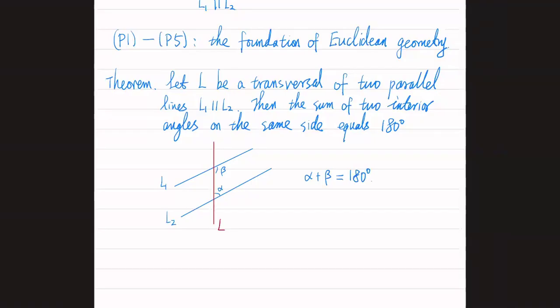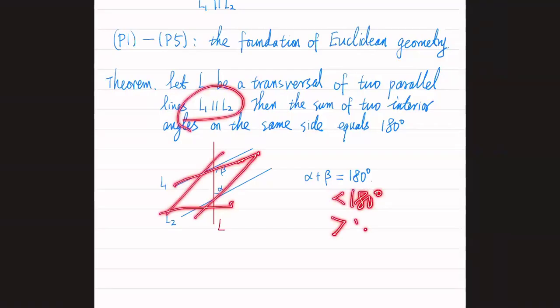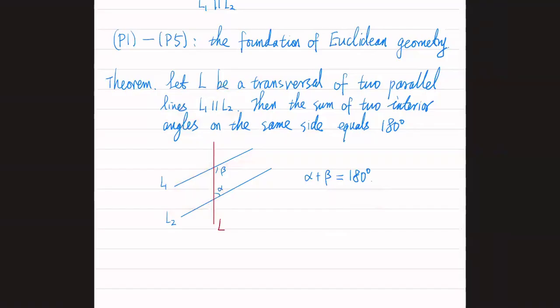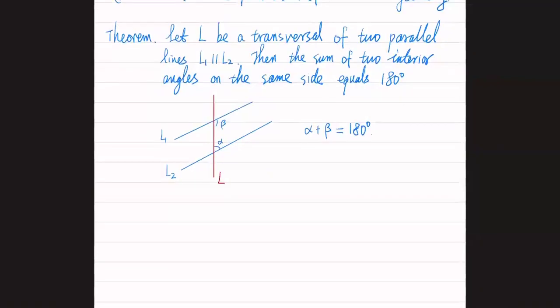That's easy, as we have seen before. If it's less than 180, the two lines will intersect on the same side. If it's bigger than 180, the two lines will intersect on the opposite side. Since they are parallel, we cannot have that. Okay, very straightforward theorem, so I skip the proof.